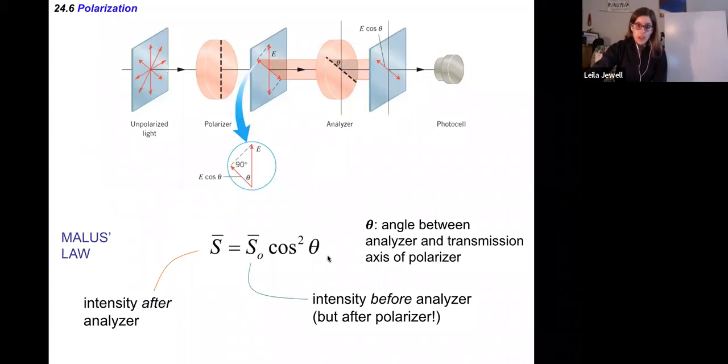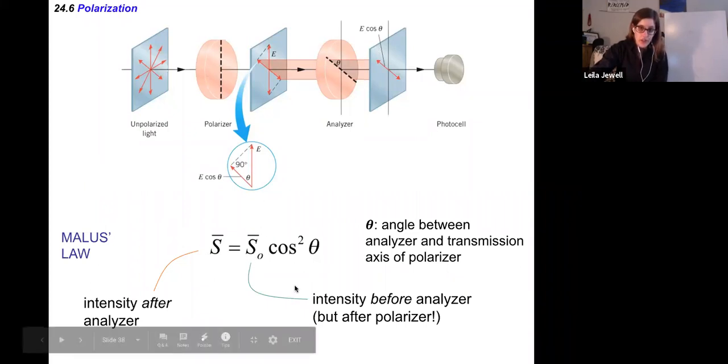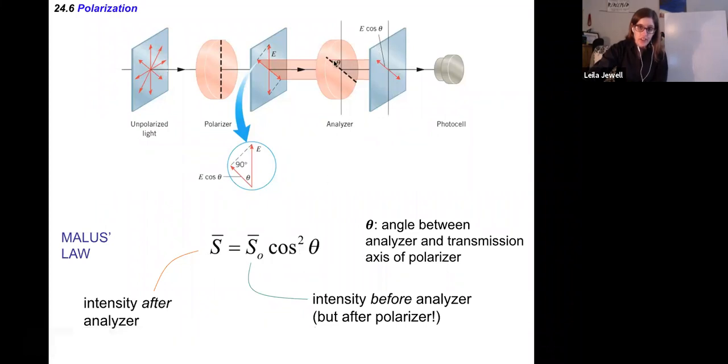Then we follow Malus's law to see how much intensity gets through the analyzer. The intensity after the analyzer is equal to the intensity before the analyzer, but after the polarizer, times cosine squared of theta, where theta is the angle from the previous polarization to the new polarization or transmission axis.